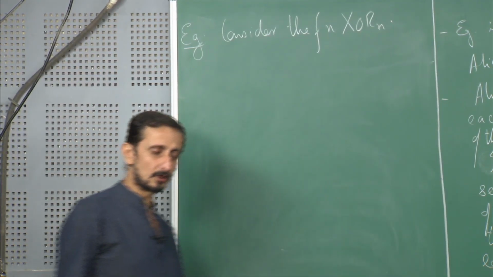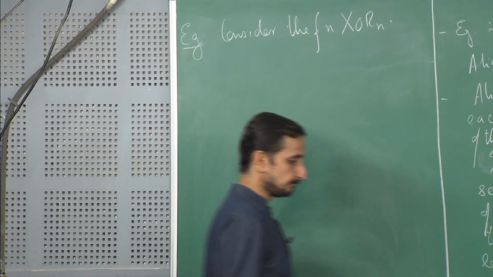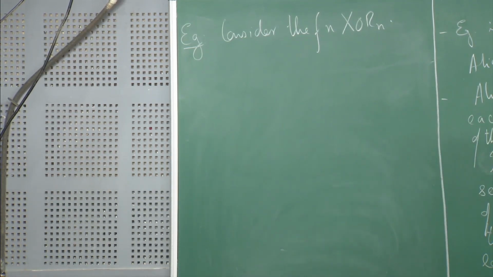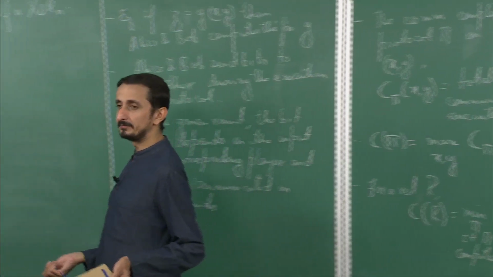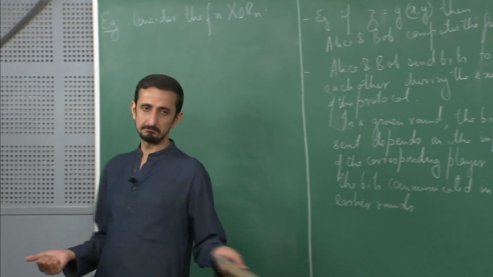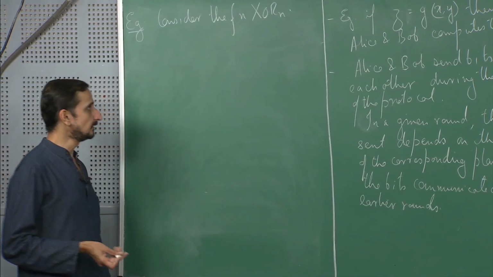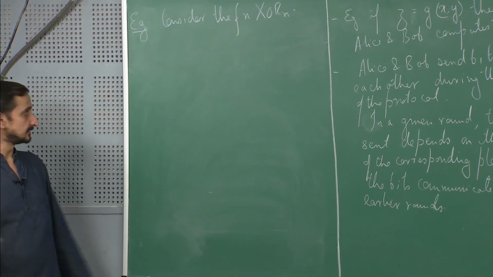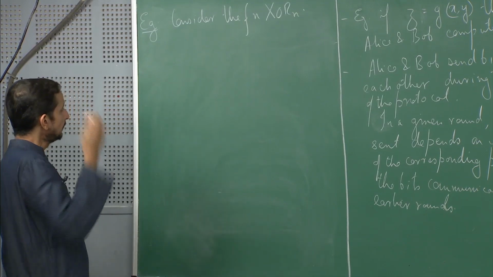What is the XOR function? You are given an input string, and you output 1 if it has an odd number of ones, and 0 if it has an even number of ones. So it's the same as the parity function.